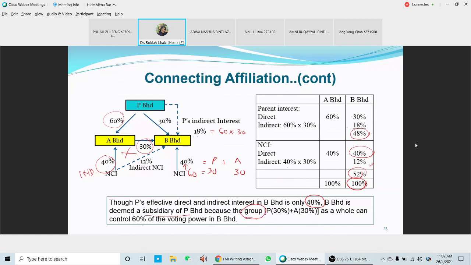Parent has 30%, A has another 30%. So altogether 60%. As a group, they can control B. Okay, so this is what you have for connecting affiliation.